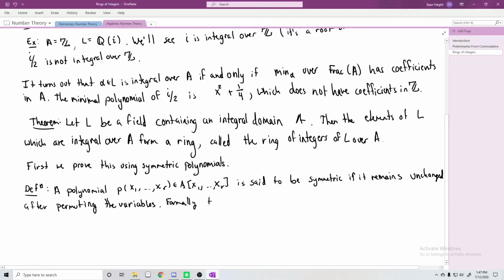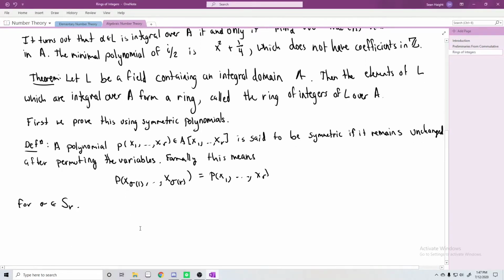Formally, this means P of x sigma 1 through x sigma r, these are the same polynomials for any permutation sigma in the symmetric group on r letters.